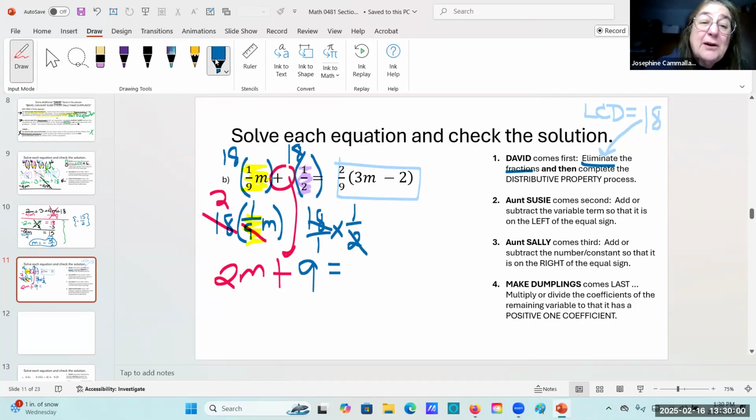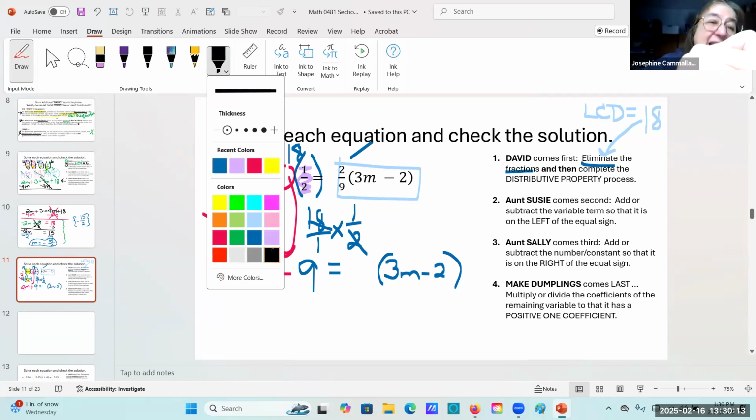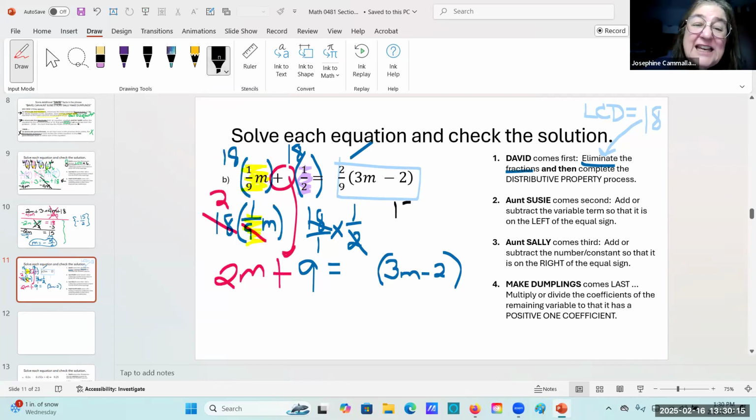Now, the beautiful part is the parentheses 3m minus 2 is not changing. I am taking 18 over 1 times 2 ninths. I am cross-canceling.